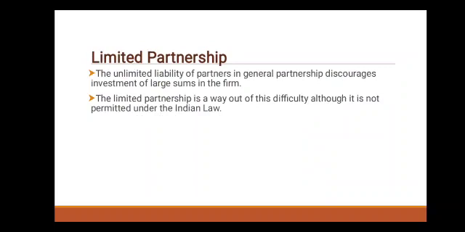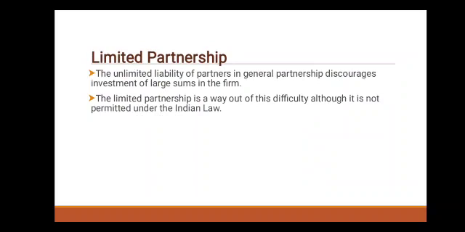Second type, limited partnership. The unlimited liability of partners in a general partnership discourages investment of large sums in the firm. The limited partnership is a way out of this difficulty, although it is not permitted under the Indian law.